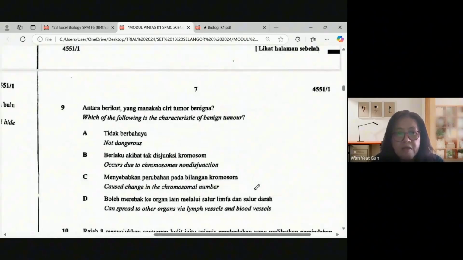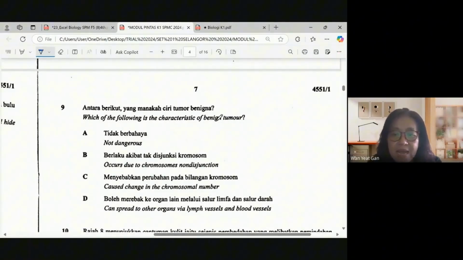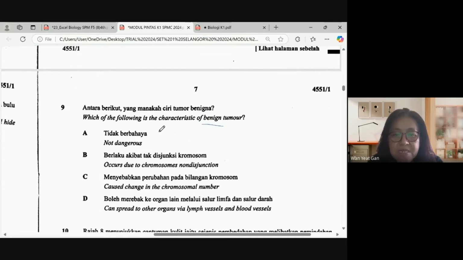Okay, next, question 9. Which of the following is a characteristic of a benign tumor? A benign tumor is a tumor that has not spread. It has not spread to the neighboring cells or to other cells in other organs.